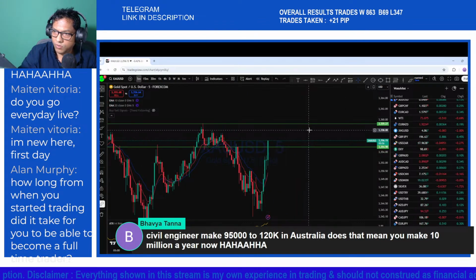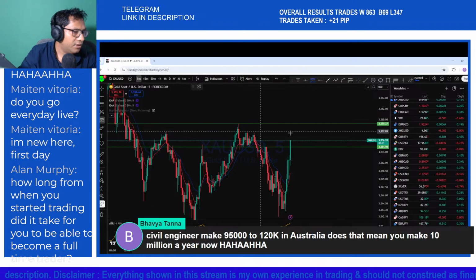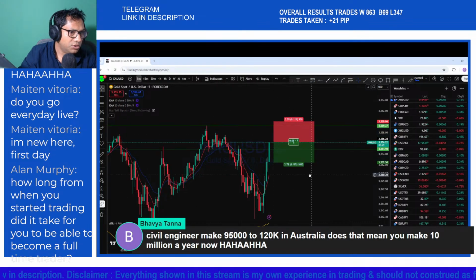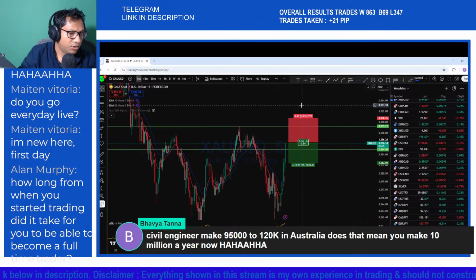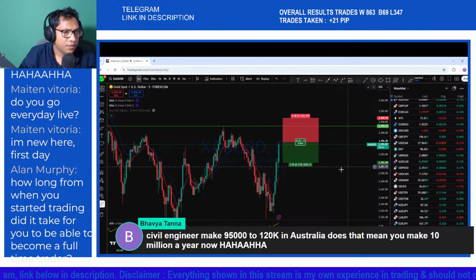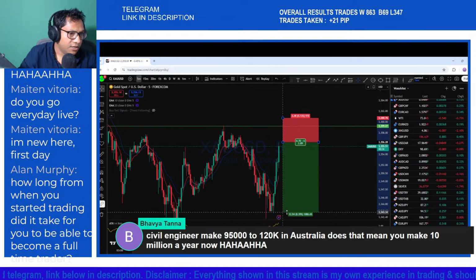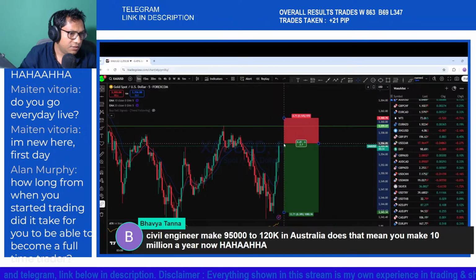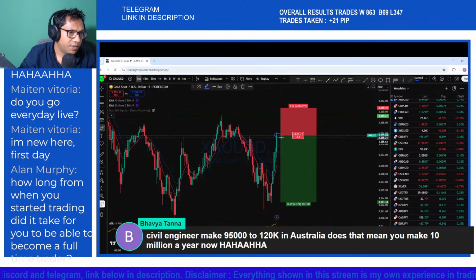So I will be opening a sell in that area from this level, which is what you can see here. This is a pretty important level here.